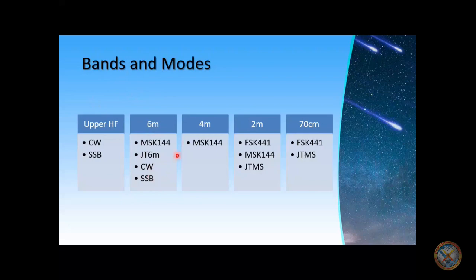But the main mode for meteor scatter is MSK144, that's definitely the main mode. There are a few older ones like JT6M, that's often used in the activity contests in the week because they require a 4-digit locator, and you can basically send free text, whereas with MSK you're limited to the format that it provides.